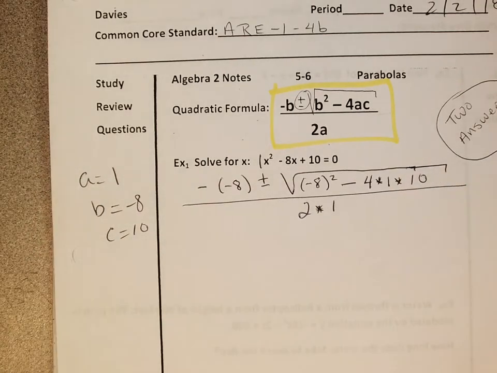All it entails is putting the numbers into place, and then I'm going to use a calculator probably because it's going to give me some ugly answers, but that's easy.